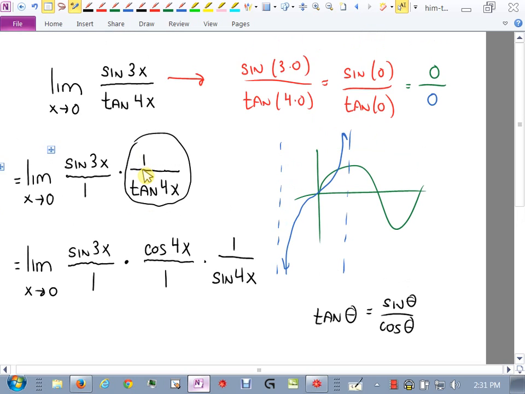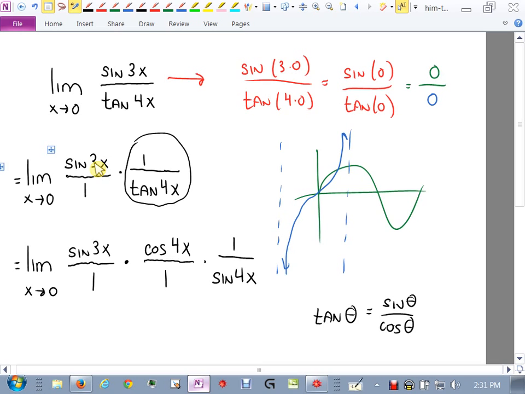I guess we get to the same place. You mean replace this right here with sine 4x over cosine 4x and then just flip it? We get the same place, yeah. What I was trying to get you to see is that I like to pull everything apart. What, this right here? Well, you got to see what I'm about to do first, because you'll appreciate it being pulled apart, I think, in a second.